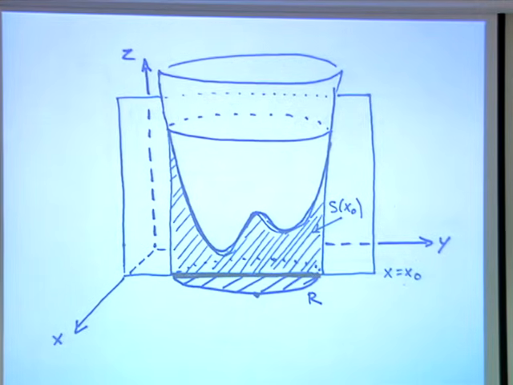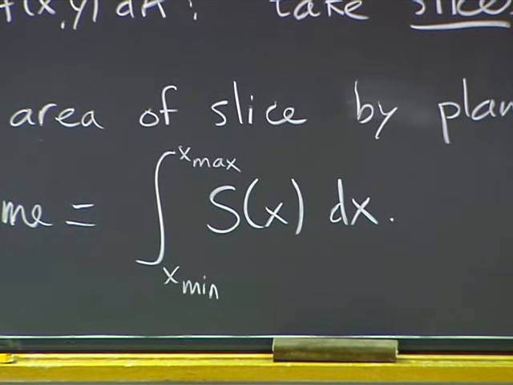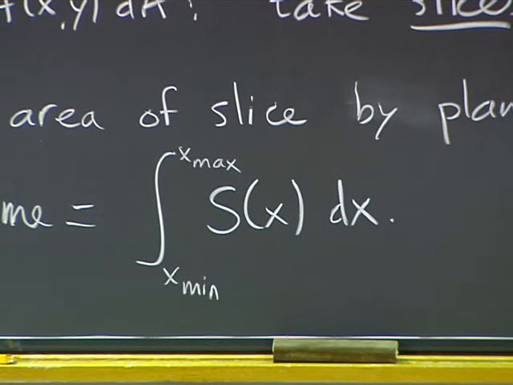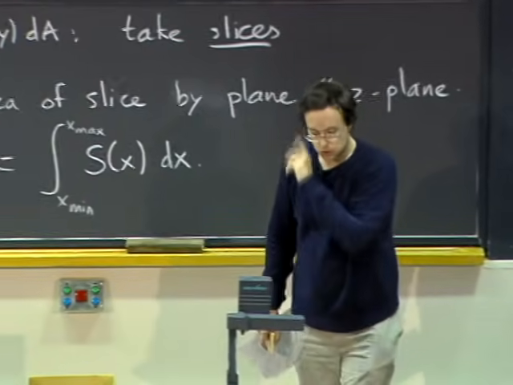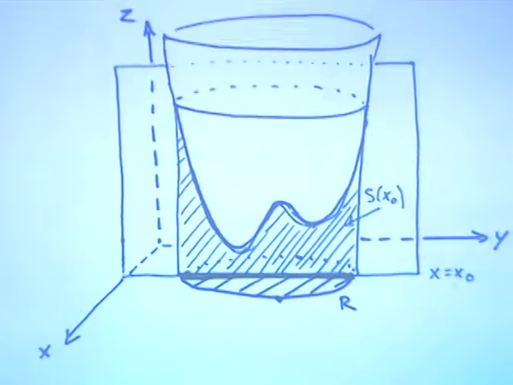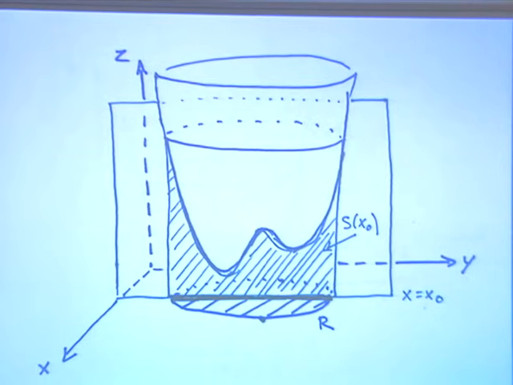So let me just say from the minimum x to the maximum x. And now, how do we find S of x? Well, S of x will again be an integral, but now it's an integral over the variable y, because when we look at this slice, what changes from left to right is y. Let me write that down.